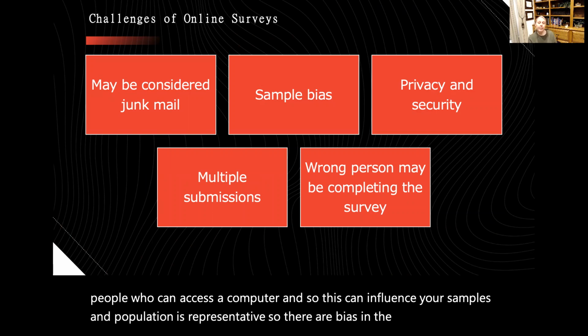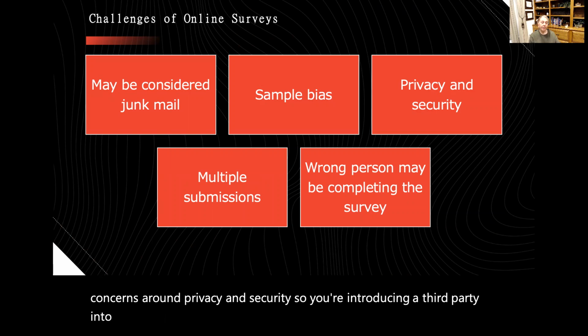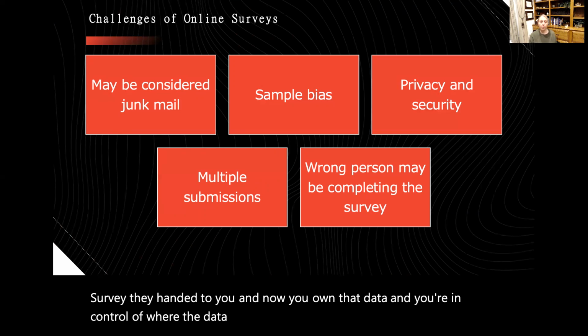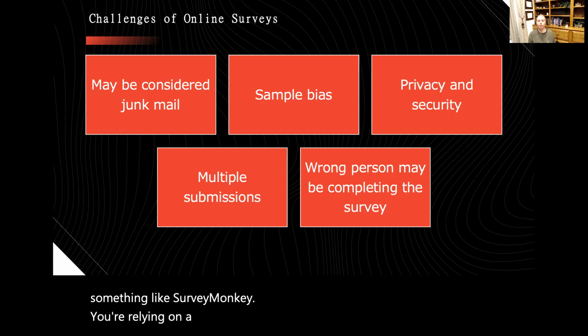There are concerns around privacy and security. You're introducing a third party into the interaction, where if somebody comes and fills out their survey, they hand it to you, and now you own that data and you're in control of where the data goes. When you're using a software program like SurveyMonkey, you're relying on a third party to protect the privacy and the security of your participants.